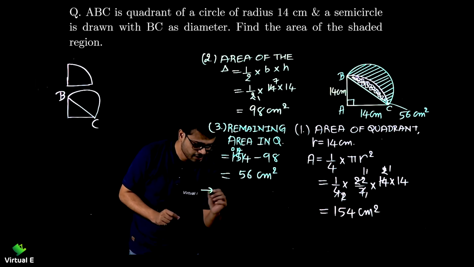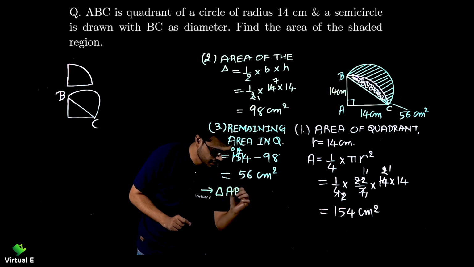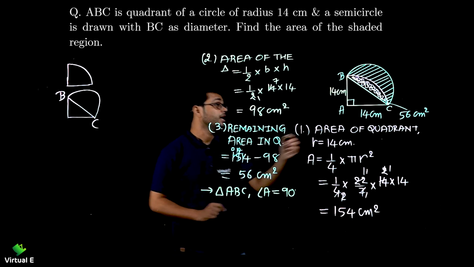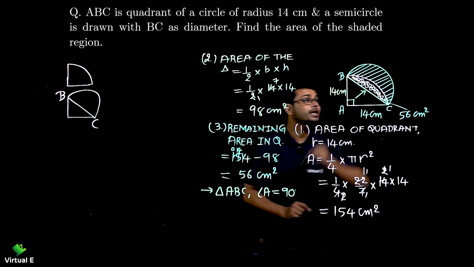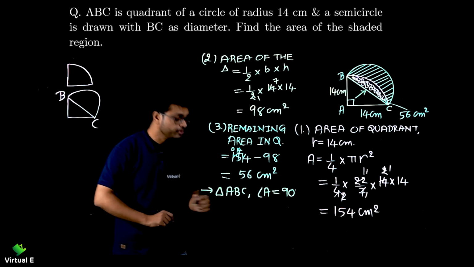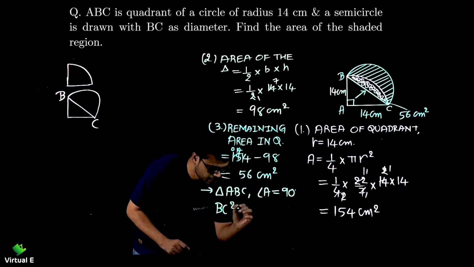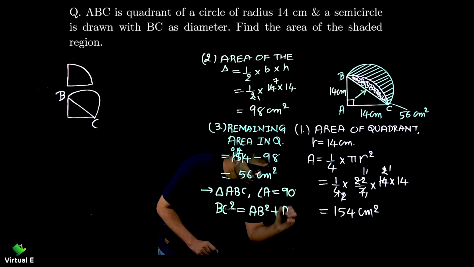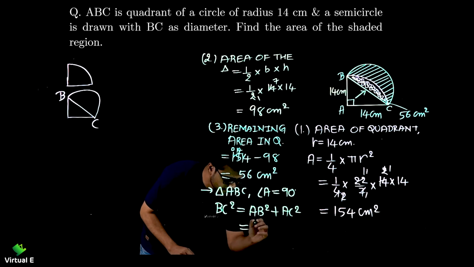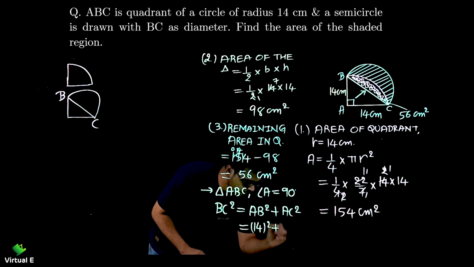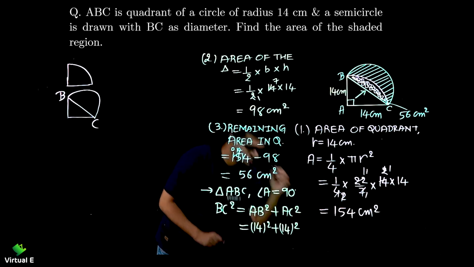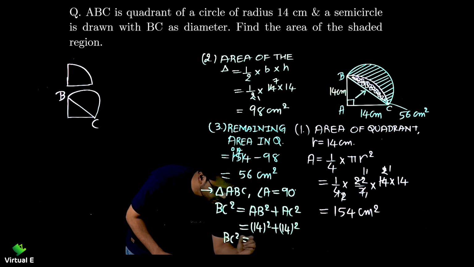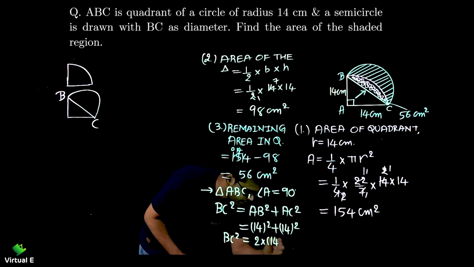So let's write here triangle ABC where angle A is equal to 90 degree and the hypotenuse is opposite to 90 degree. So let's start with the hypotenuse, which is BC square is equal to AB square plus AC square. So here 14 square plus 14 square, and even here you can say that BC square is equal to 2 times 14 square.